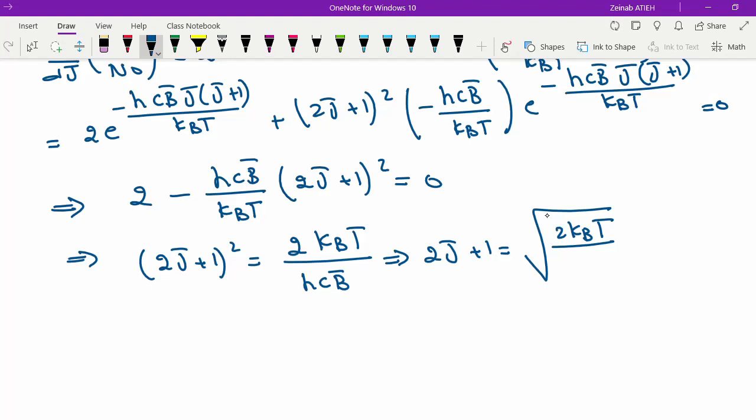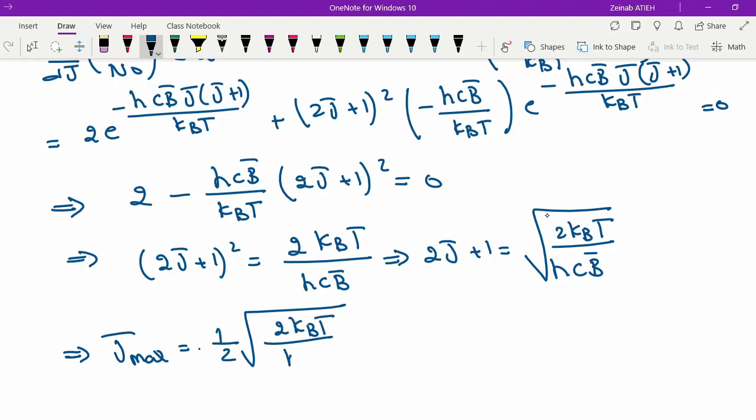2kBT over hcB bar. And now J max, this is the maximum J, just arrange, it will be equal to half radical 2kBT over hcB bar minus half.